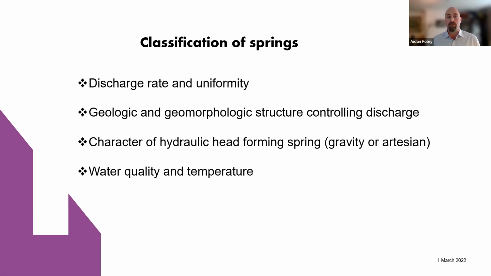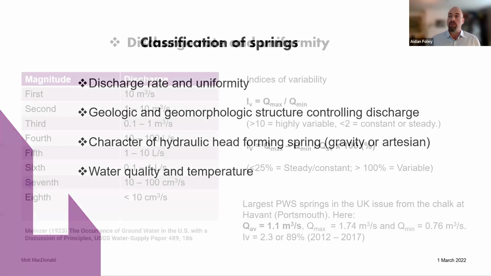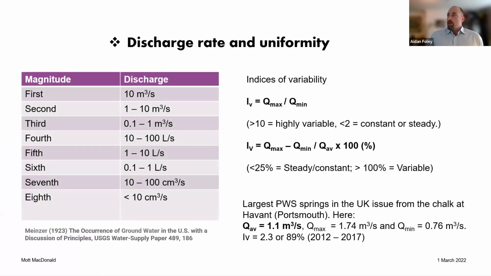The bulk of it is going to be on the second and fourth items there, but just to characterize the size of springs and what we're talking about in the UK. This is a 1923 definition from the United States Geological Survey, and there are a few early references to early works in this talk, because often the classics of hydrology have stood the test of time.